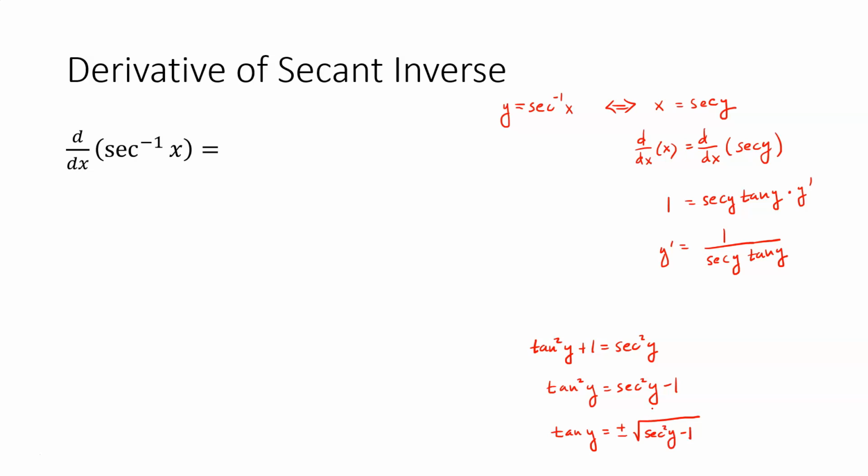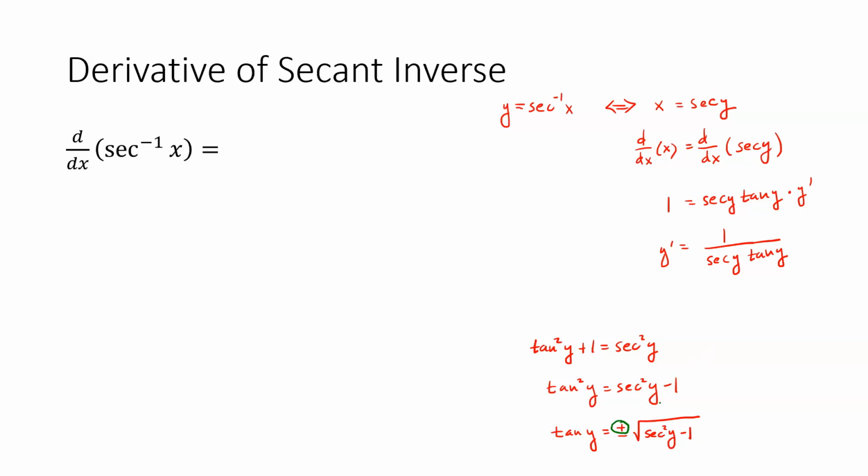minus 1. Okay, so now this is where that choice of our interval was important, because we've chosen the interval in such a way that we've ensured that tangent is always positive. And so with that choice, now we can just stick with the positive square root of secant squared minus 1.